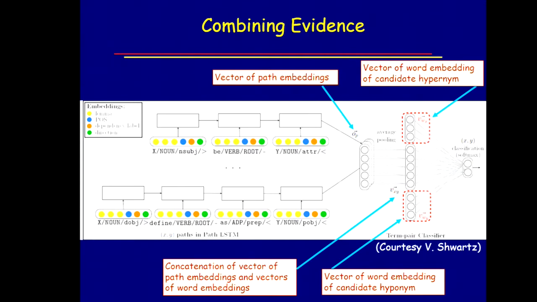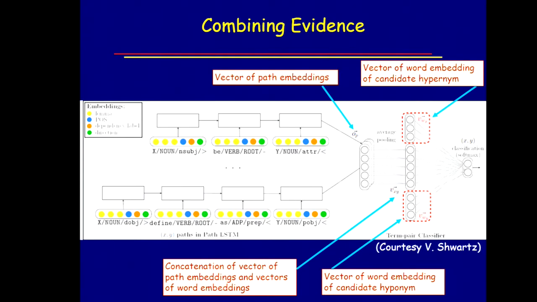Okay? And you have different colors. This is just suggestive of the fact that, of course, these are vectors of embeddings that contain multiple elements. But evidence going into each vector would capture the lemma, which is the X there, so the word itself, noun, verb, and noun, so the part of speech tags, the dependency labels like nsubj or root of the parse tree or attribute and so forth, and also the direction in the dependency path.